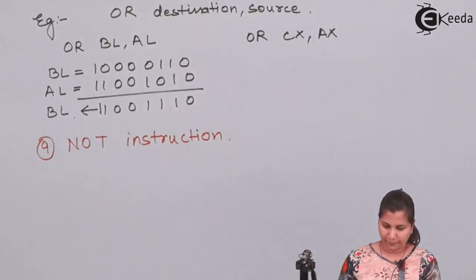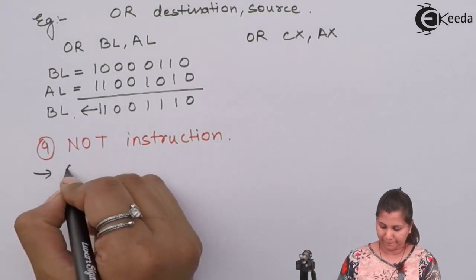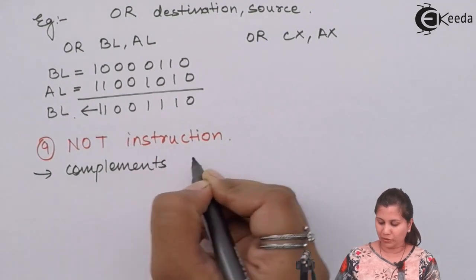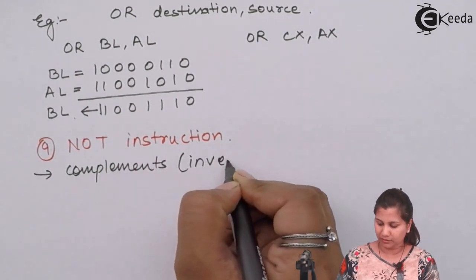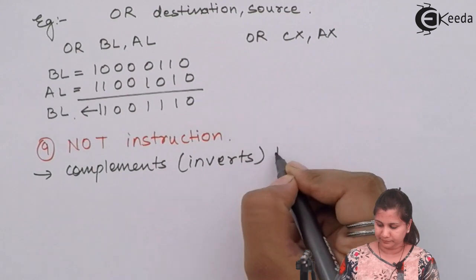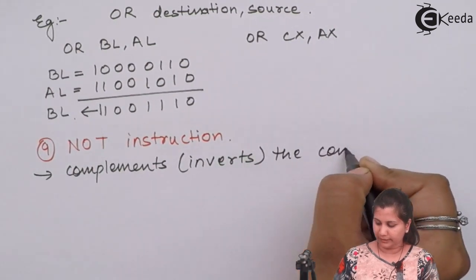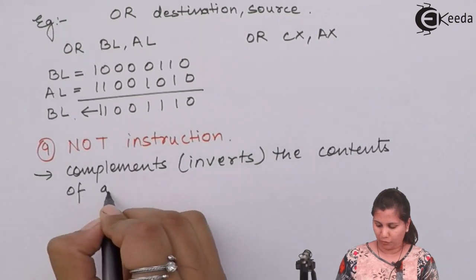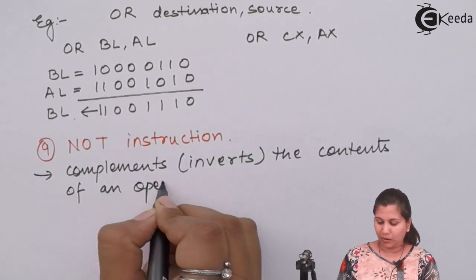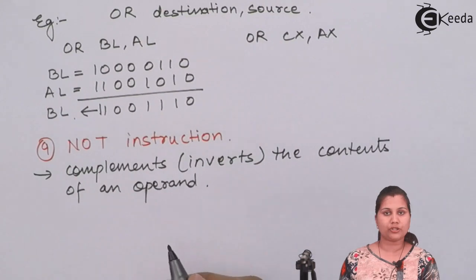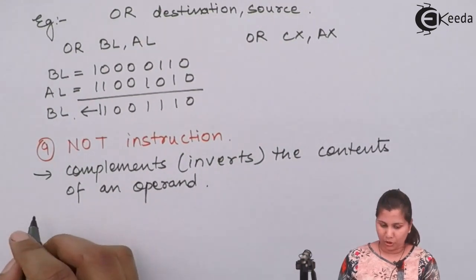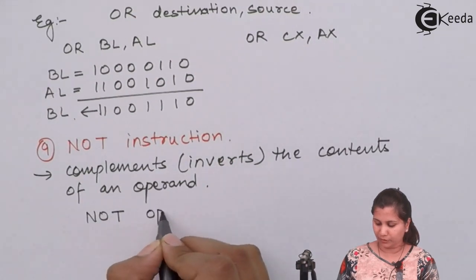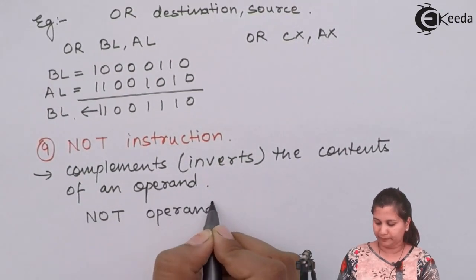It complements, or we can say inverts, the contents of an operand. This operand can be a memory location or a register. So its format will be NOT and then the operand.